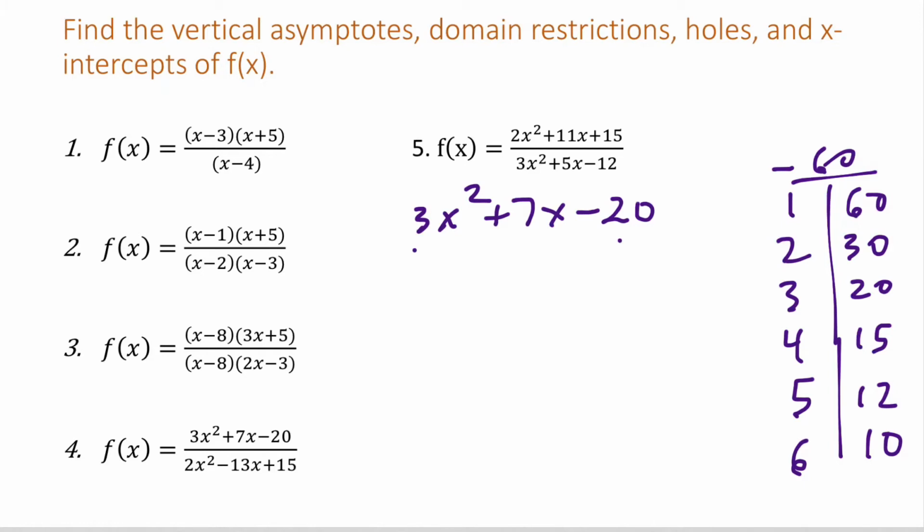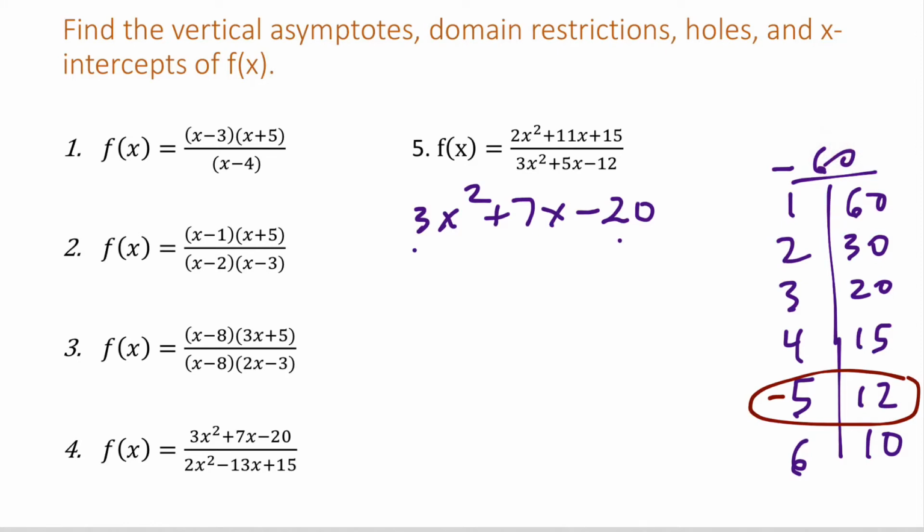We need two numbers that add to give me positive 7 and multiply to give me negative 60. If I add negative 5 and 12, I'm going to get positive 7. And if I multiply negative 5 times 12, I'm going to get negative 60.